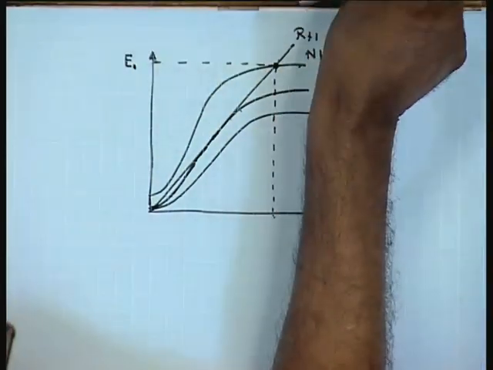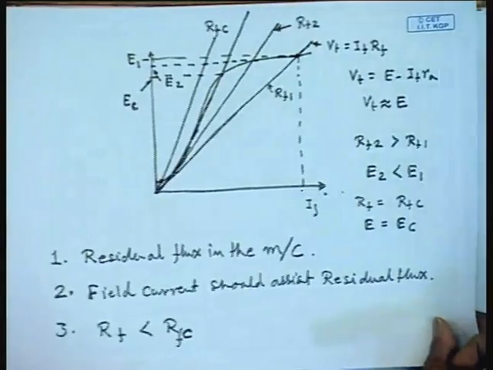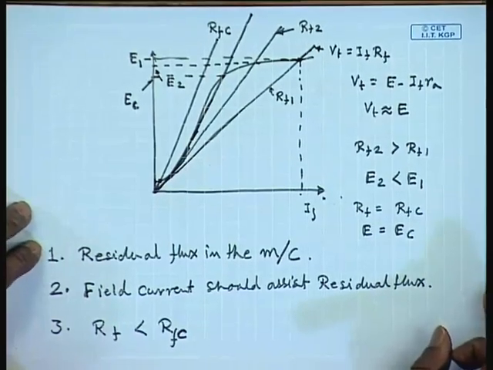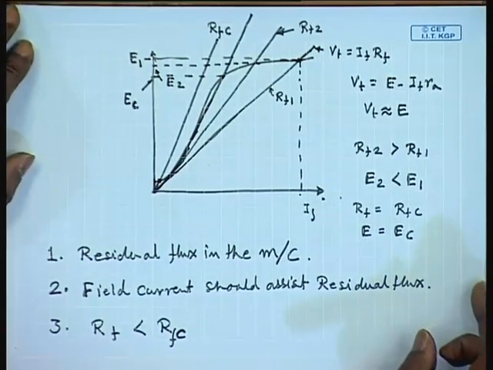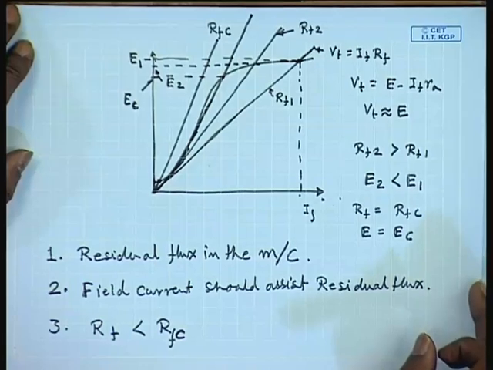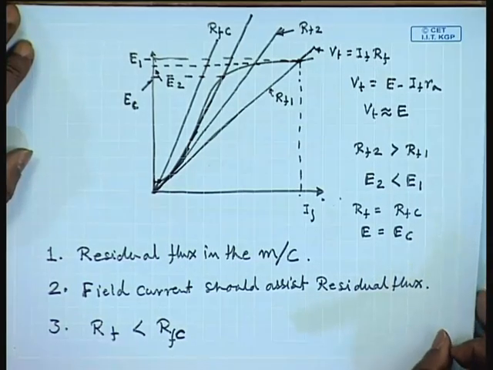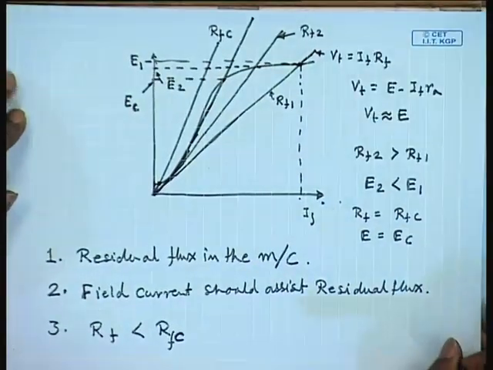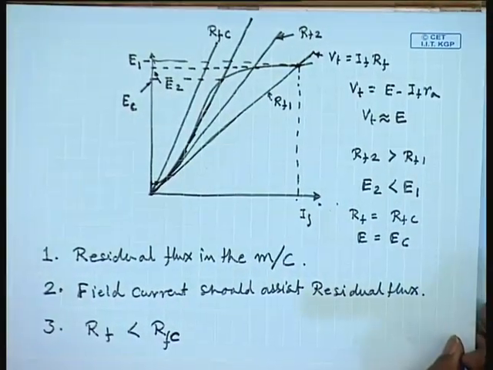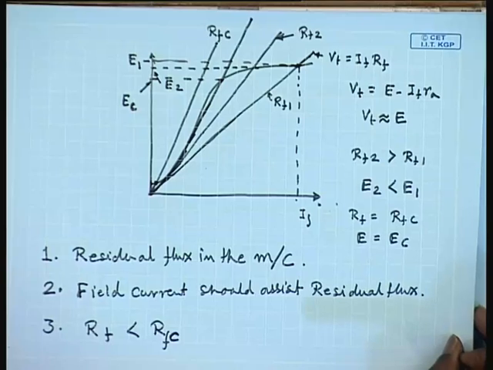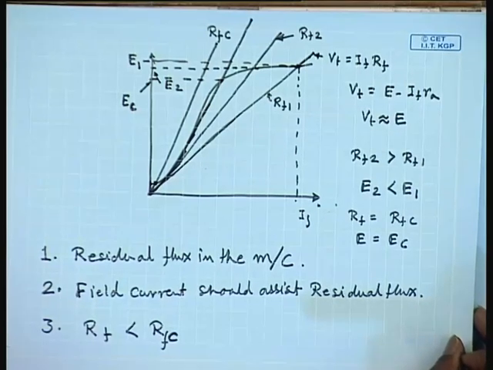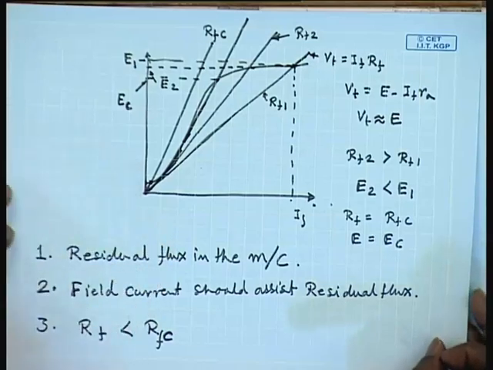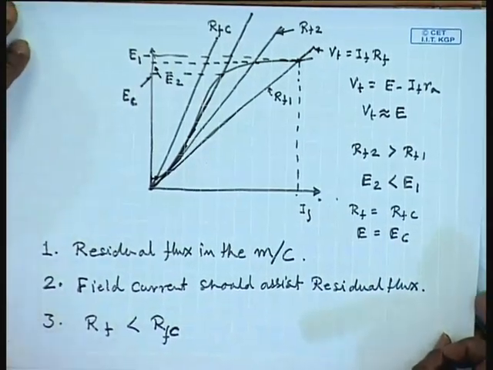Therefore, the third condition should be read as: the total field circuit resistance must be less than the critical field circuit resistance at the given operating speed of the generator. If these 3 conditions are satisfied, then a DC shunt generator will go into self excitation and produce rated voltage at the terminal, provided the field resistance is adjusted accordingly.